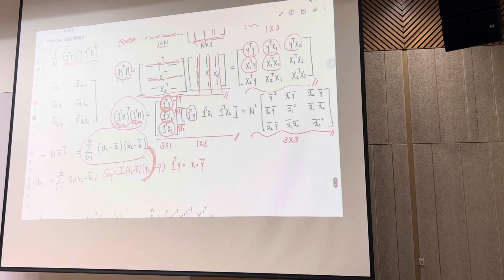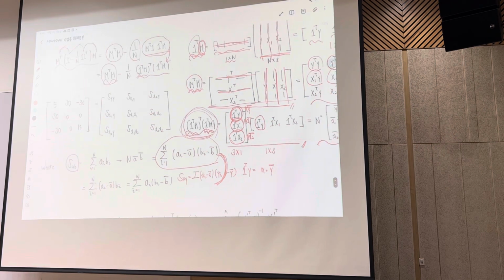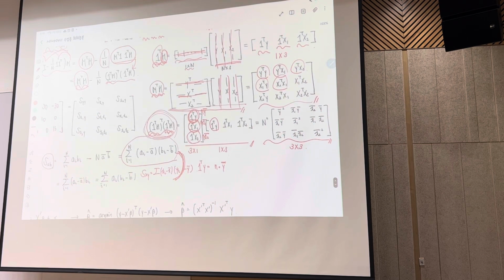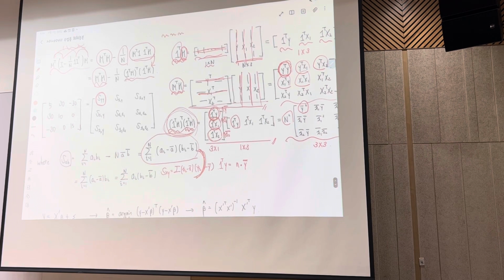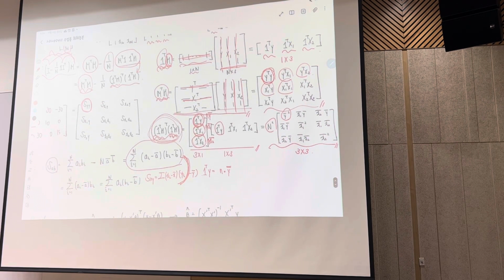So here, m transpose m minus this term means that the first element, y transpose y minus n y bar squared, is Syy. And then the second element, y transpose x1 minus n x1 bar y bar, is Sx1y.